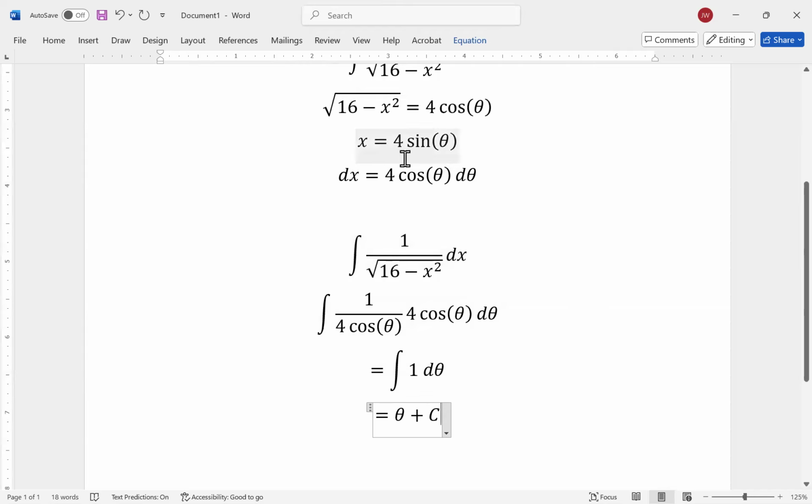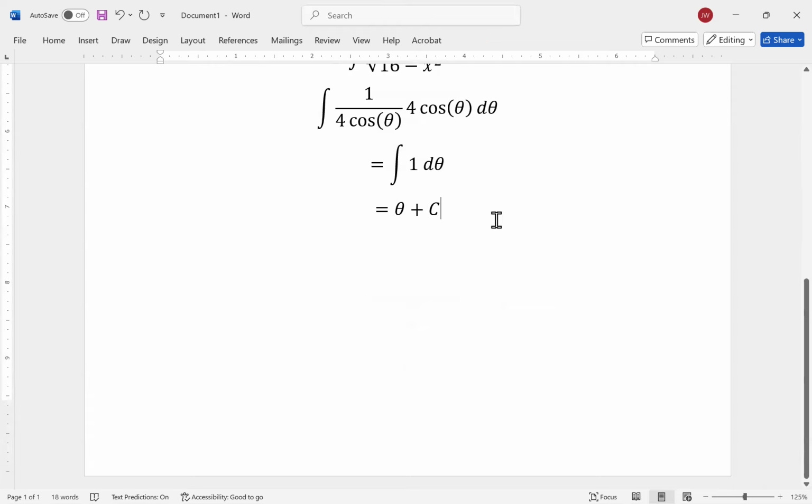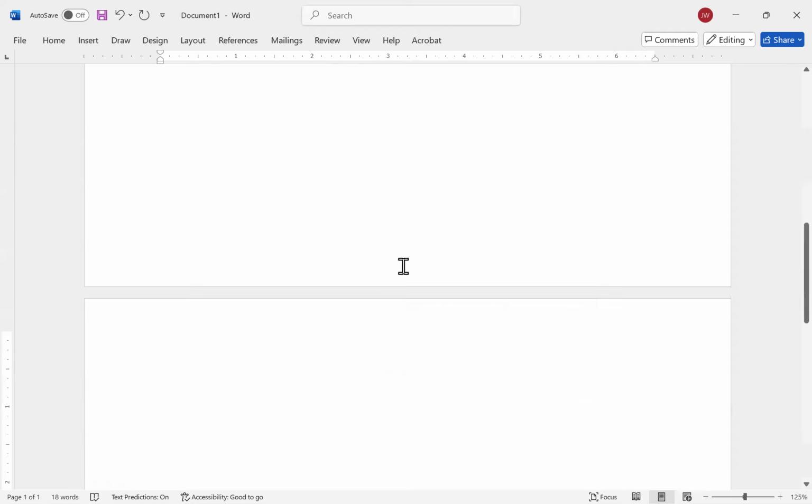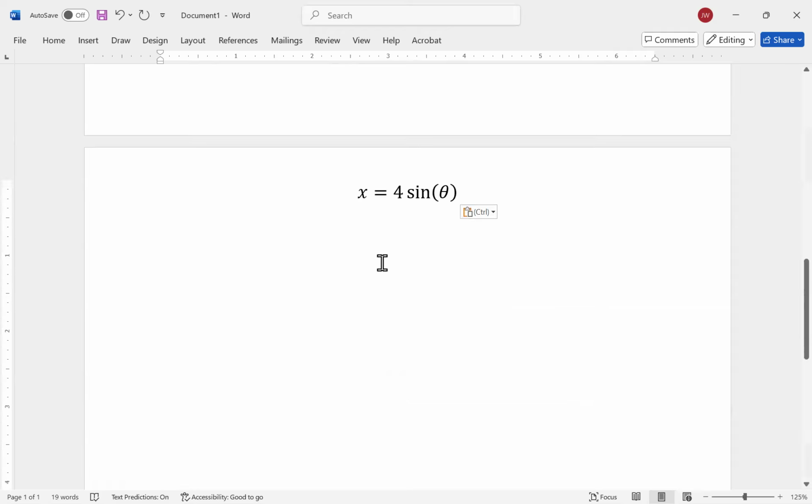Now, theta here, hopefully we can see, but I guess I'll write it down. Probably easy to do in your head, but x over 4 is equal to sine of theta. So that means the arc sine of x over 4 is equal to theta.